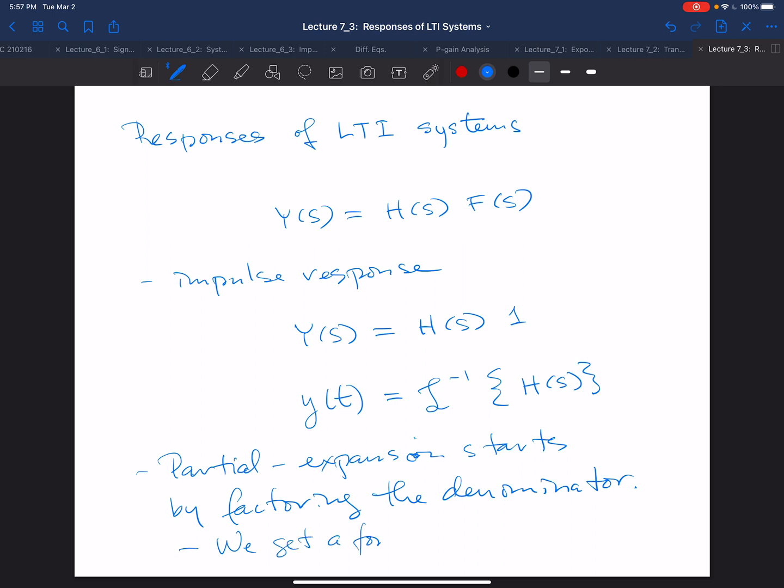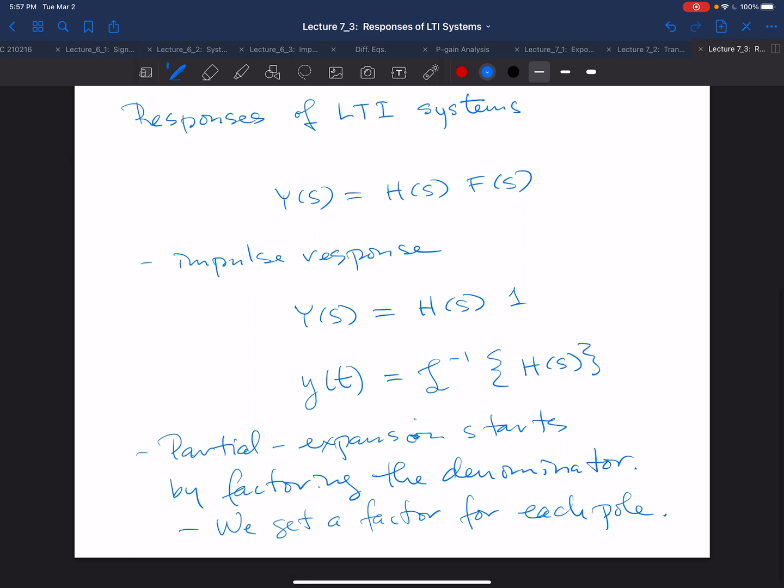So we get a factor for each pole. So we'll see that the poles of the transfer function are very important in determining the response of a system. The zeros, the roots of the numerator, are also important, and we'll look at their effect as well.